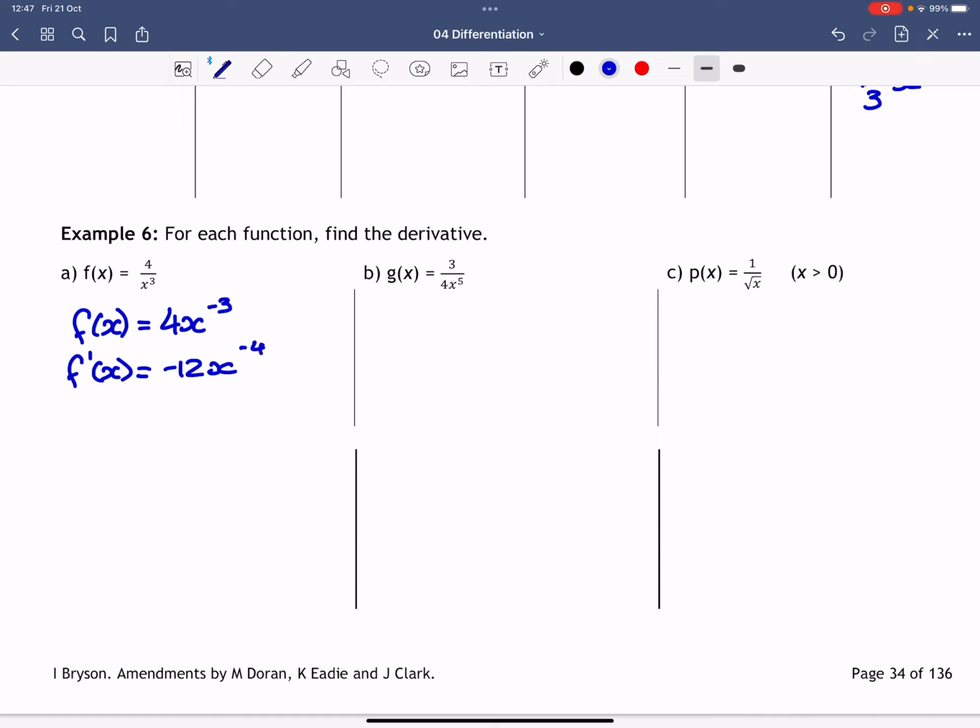And it's always good practice to put your expression back into the form to which you were given. You were given it as a positive power. So let's go ahead and put that back in place. So I can say that f dashed x is going to be negative 12 over, and to make this a positive power, all I do is take my x back down to the bottom, change the negative to a positive. So it's negative 12 over x to the power 4.